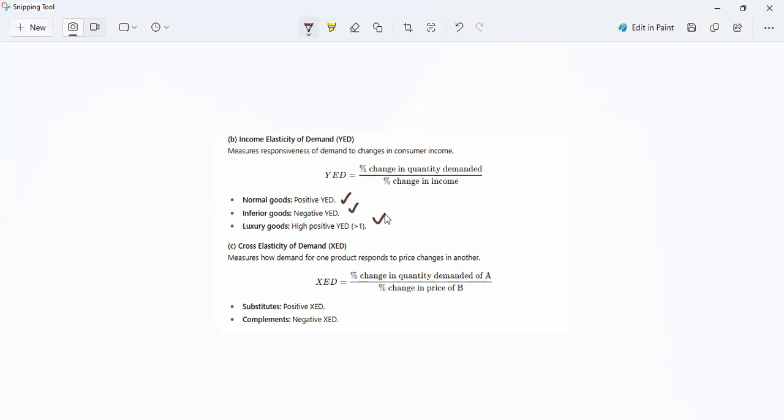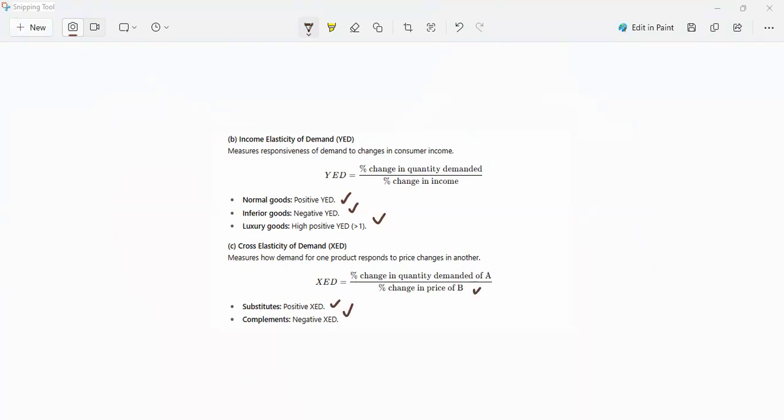Cross price elasticity of demand measures how one product responds to the price of another. It's the percentage change in demand of good A over the percentage change in price of good B. If you have a positive cross price elasticity, it means a substitute. If you have a negative cross price elasticity, it means a complement. All right, these are the elasticities that we must know.